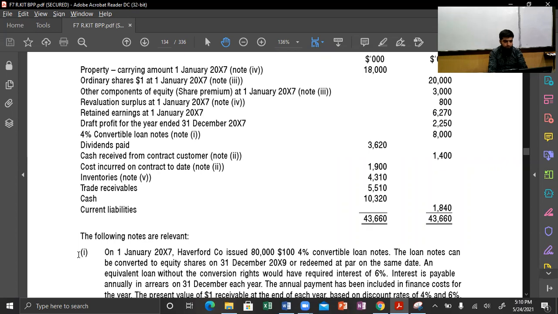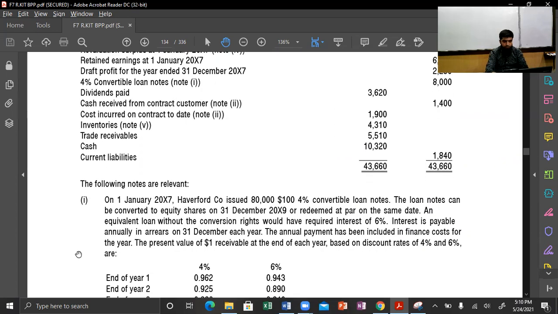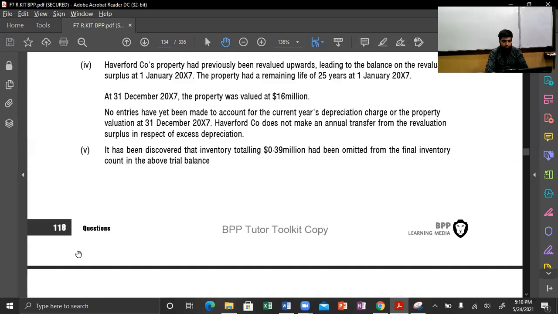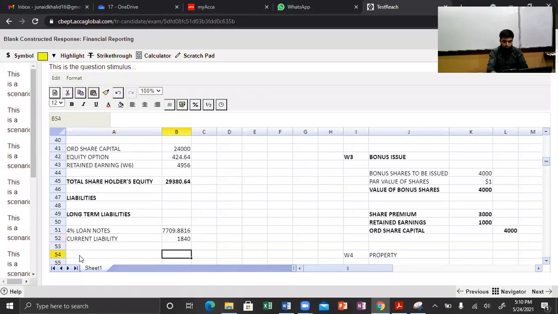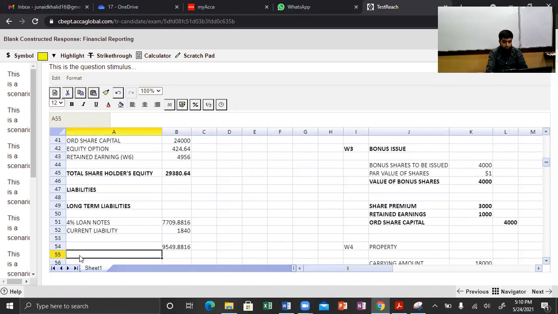So any other liability which we have? No, we have no other liability in this question. So the total current liabilities.